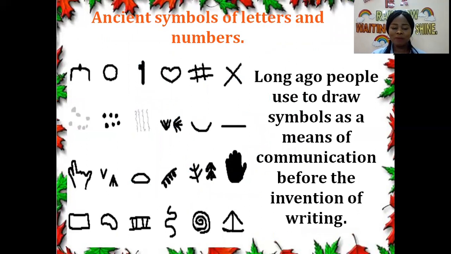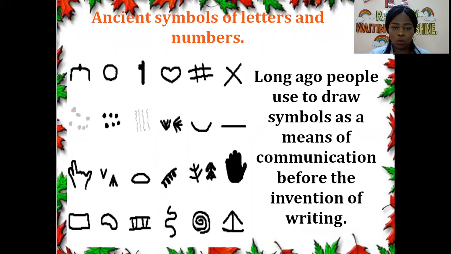Now, let's talk about these symbols on the screen. Have you seen these symbols before? No, I haven't. I've not seen these symbols before. These symbols are ancient symbols. They are called ancient symbols, or you say old symbols. The meaning of ancient is old.